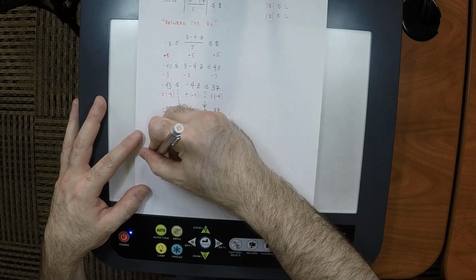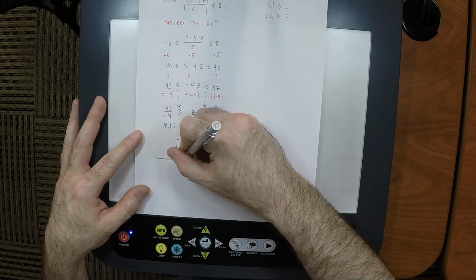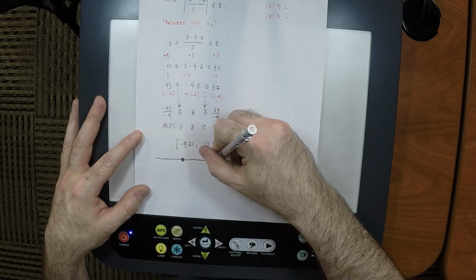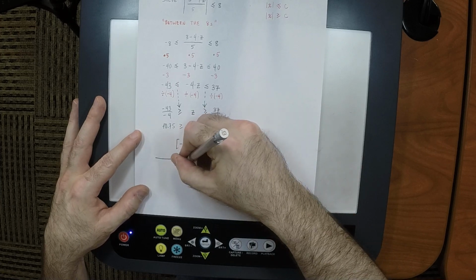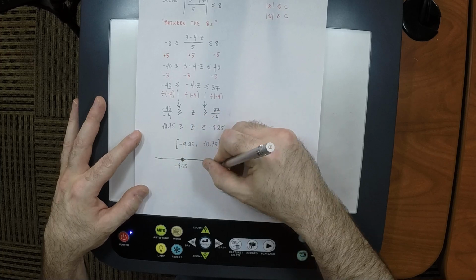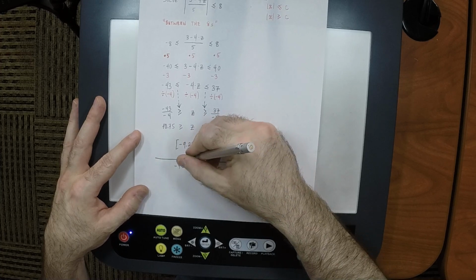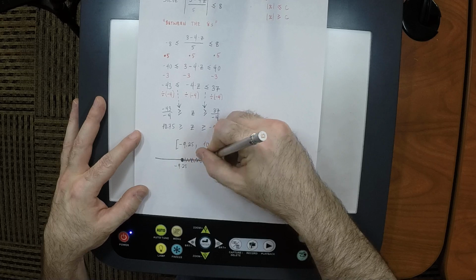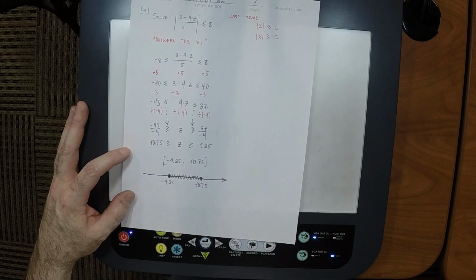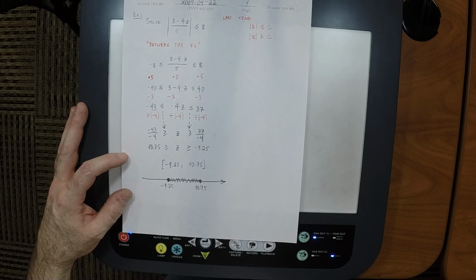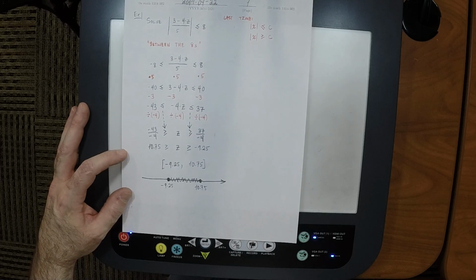And as a plot, like that. Any question about this one?